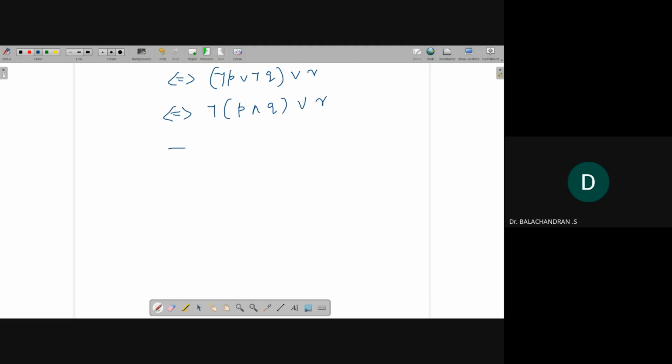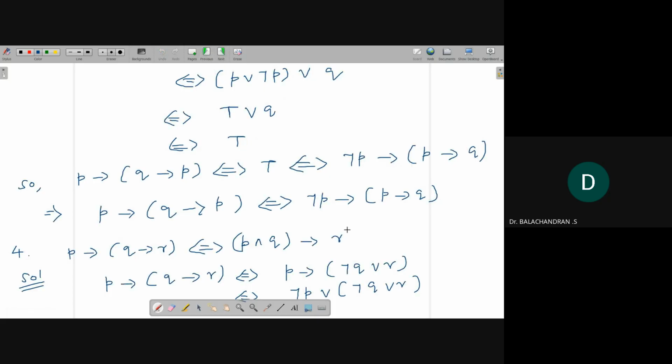So now this is of the form negation p or q. So you can write p implies what? Q. What is p here? P and q implies r. So I think that is the thing I need to prove. P and q implies r.